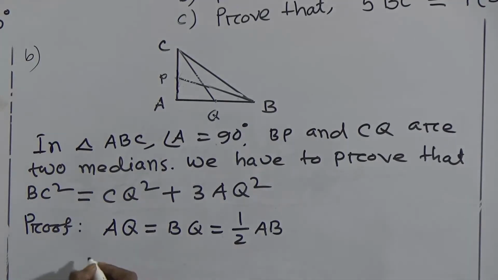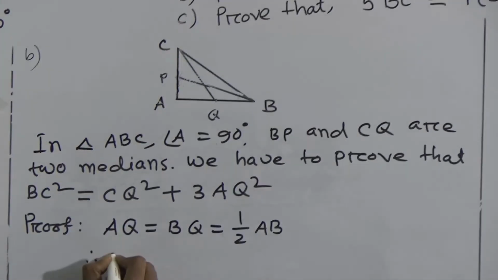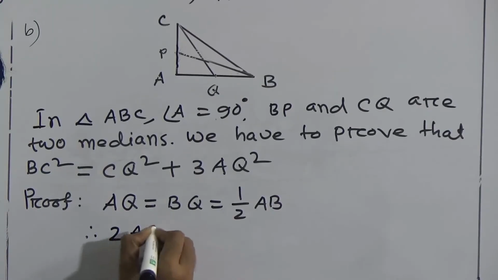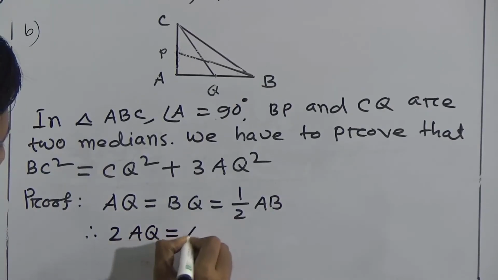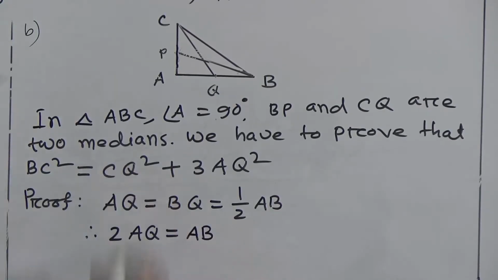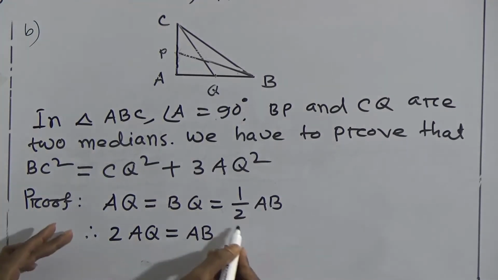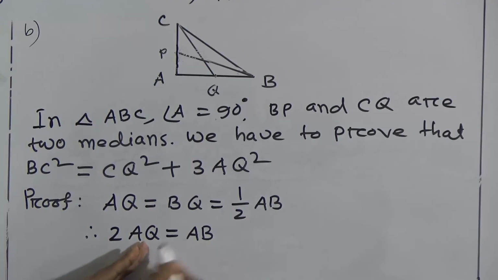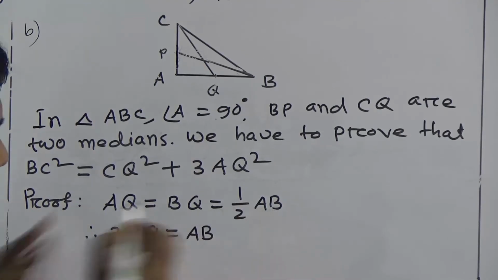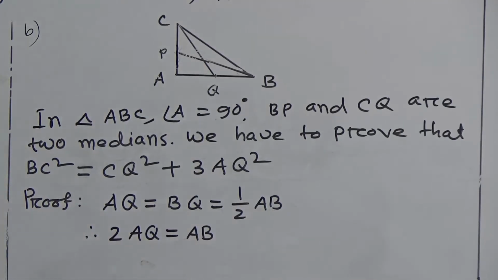Therefore, we can write 2AQ equal to AB. How comes this? We multiply 2 into AQ, that means 2AQ, and 1 into AB, that means AB. Right?